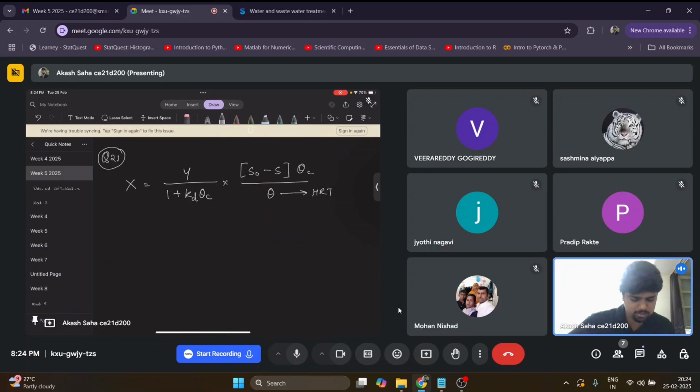So here my x, the MLVSS value, is 2800, y is 0.5, 1 plus 0.05 theta c into 220 minus 20, theta c divided by, here you can find the answer in days. So I will put the HRT we got in days. If you simplify and solve this, you will get theta c as 2.896 days.